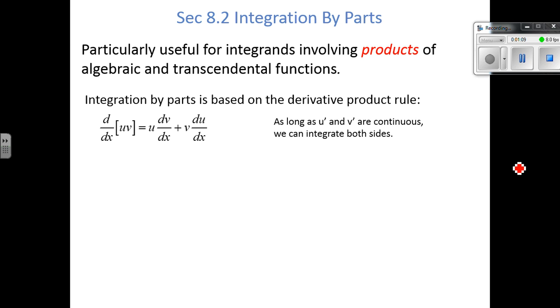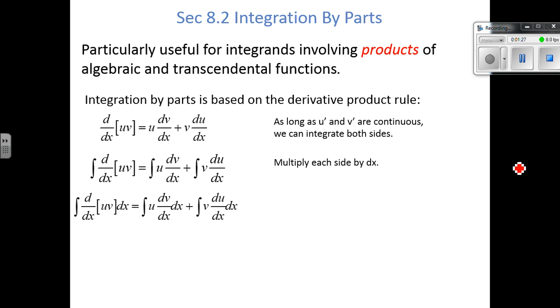As long as u prime and v prime are continuous, we can integrate both sides. So let's integrate and see what happens. I'm going to multiply both sides by dx, so everything gets multiplied by dx. The derivative and the integral cancel out on the left-hand side, so we just have uv.